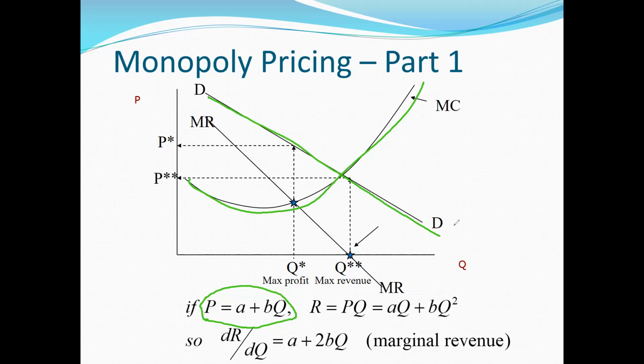So my R value, my revenue that I'm going to be able to generate from this is P times Q, the unit price times the quantity sold. And when I do P times Q, I just multiply this equation with Q. So this equation becomes AQ plus BQ squared.